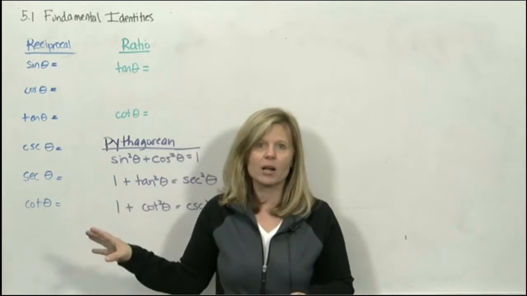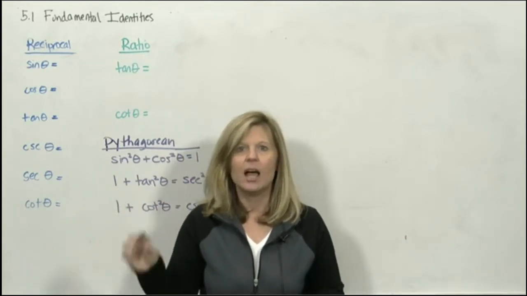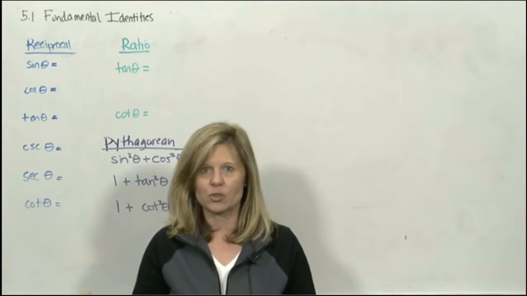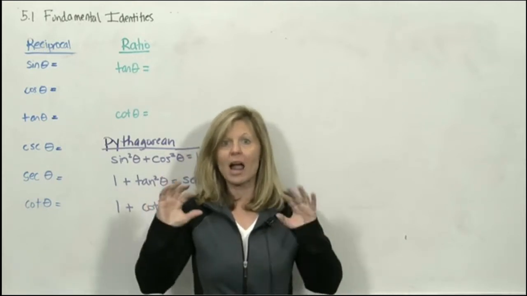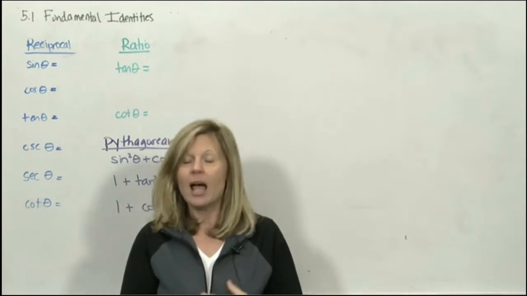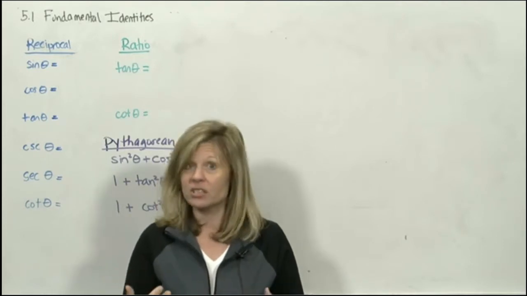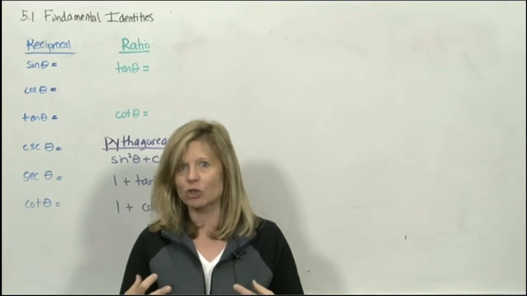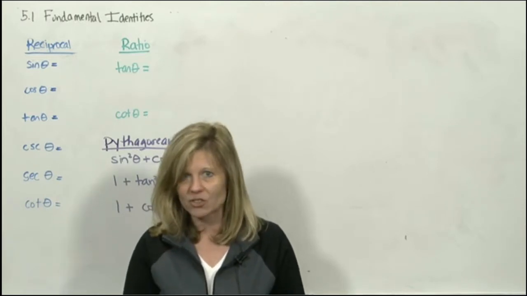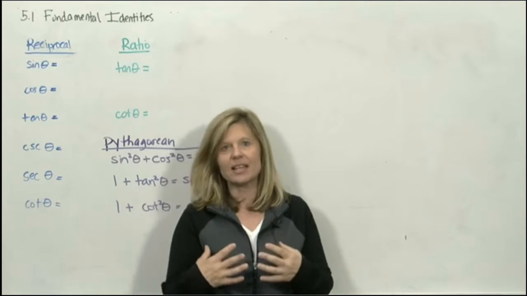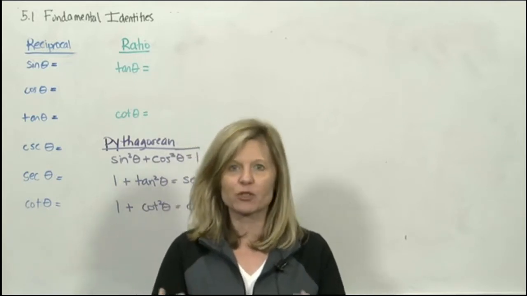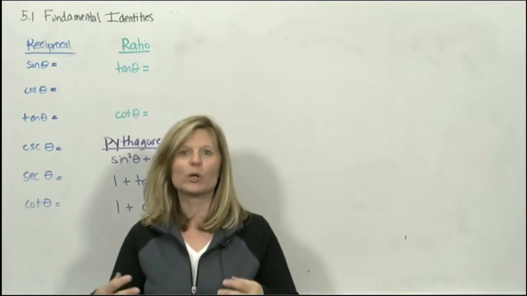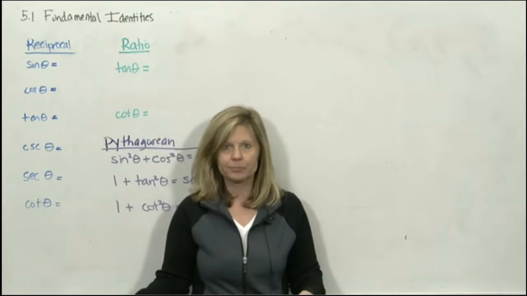The last part is the study of trigonometry with identities and equations. This is the pure algebra part of trigonometry, and I'm not going to lie to y'all, this is the hardest part. This is the pure, let's go back to algebra and solve for x. We are going to learn in these next 2 chapters how to solve trig equations and how to work with trig identities.